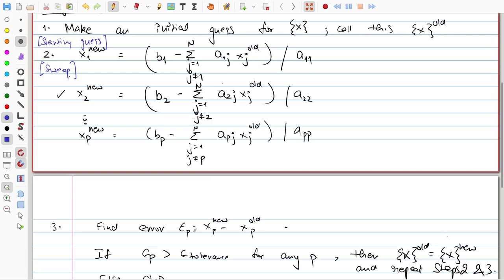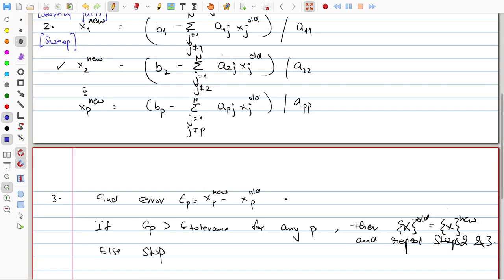One complete sweep will result in calculating x new for all the values of p from 1 to n. Step number 3 is called the tolerance check, or check for convergence. And repeating steps 2 and 3, these are called iterations.